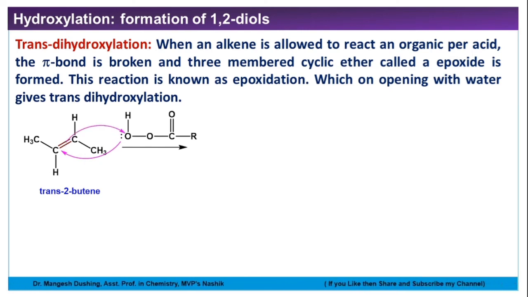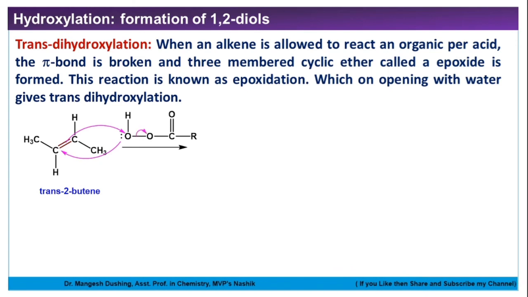Electron loss forms a sigma bond with this carbon, so there will be a positive charge. Again this pi bond will break and form a bond with this oxygen, so the positive charge will be neutralized. As soon as this pi bond attacks, the oxygen-oxygen bond will break, and the electrons go to this oxygen, so the carboxylate ion leaves as a byproduct.